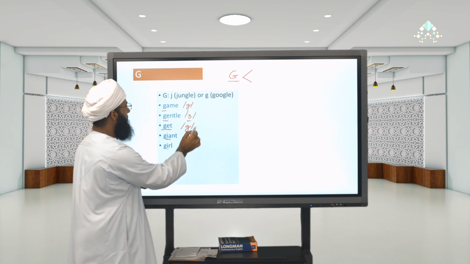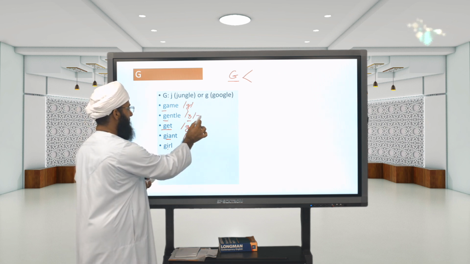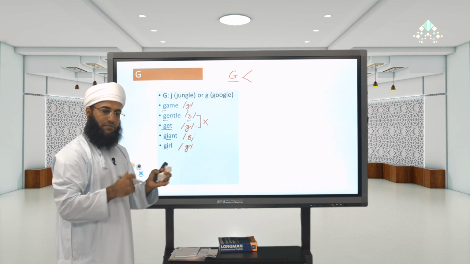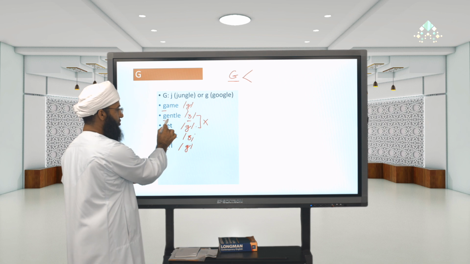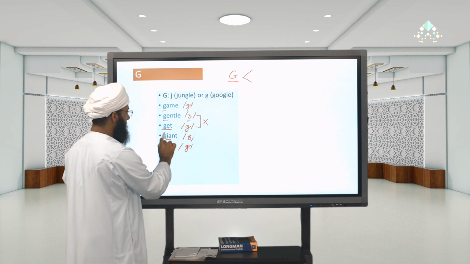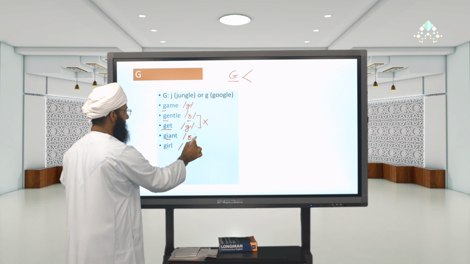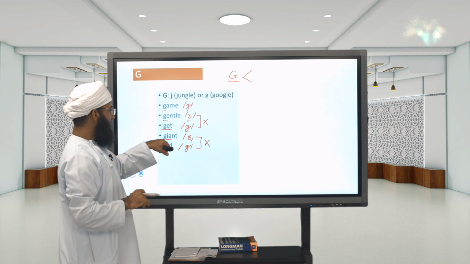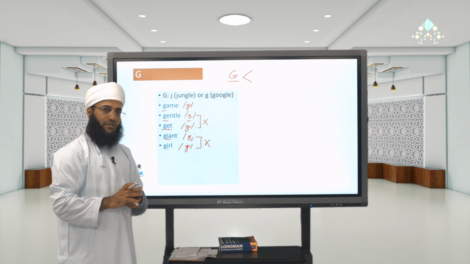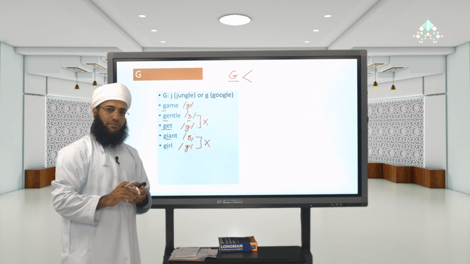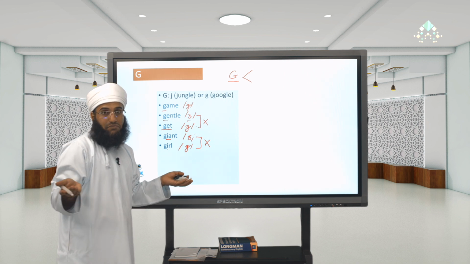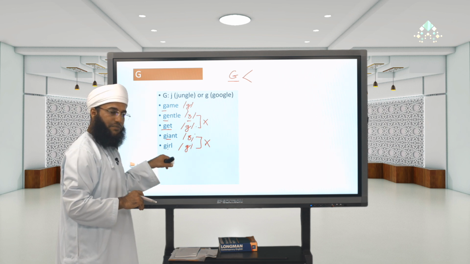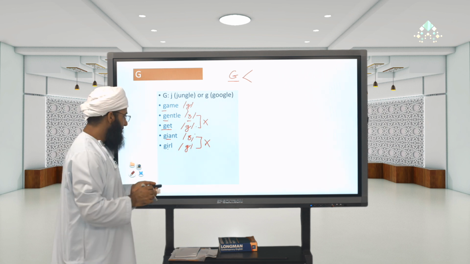Okay, if you look at here, the rule is not consistent, right? Although the G is followed by E, it's not the same. And here, the same. The G is followed by I, and here the same, followed by I, but we pronounce it differently. Here giant, here girl.